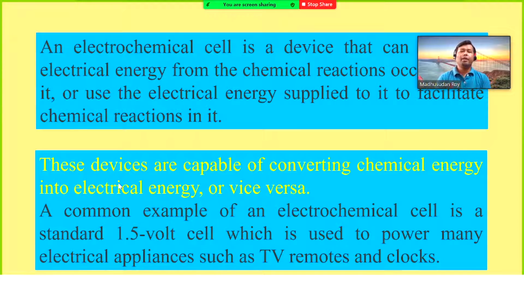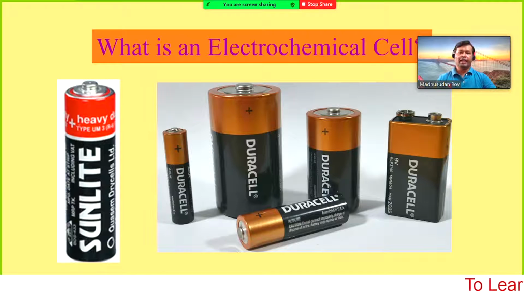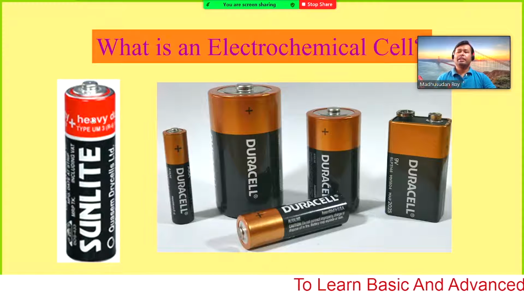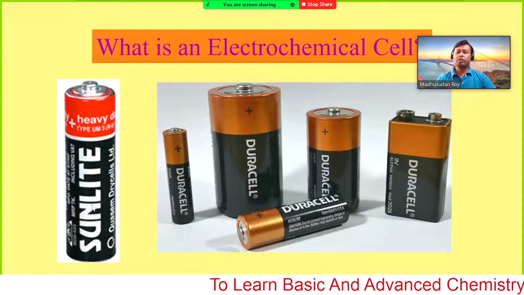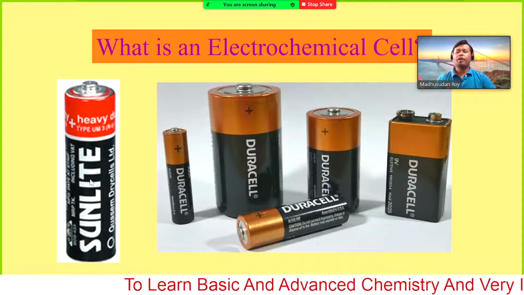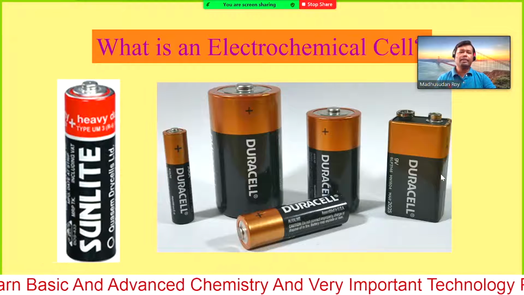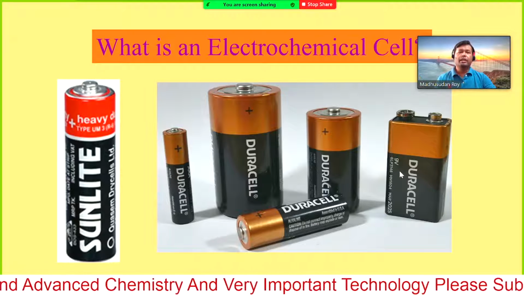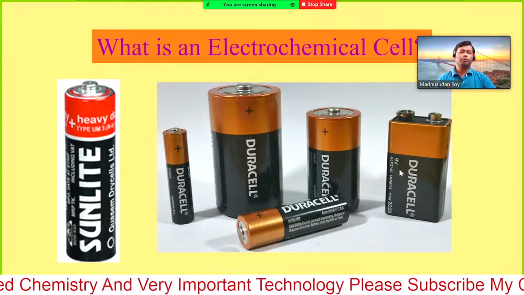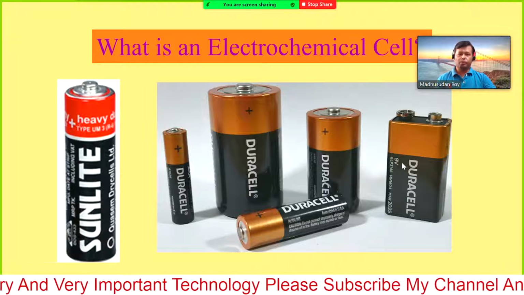A very simple example, what I have shown here, all of them are examples of electrochemical cells. This can be used to supply 1.5 volt, but here are some other cells that can produce different amounts of voltage.